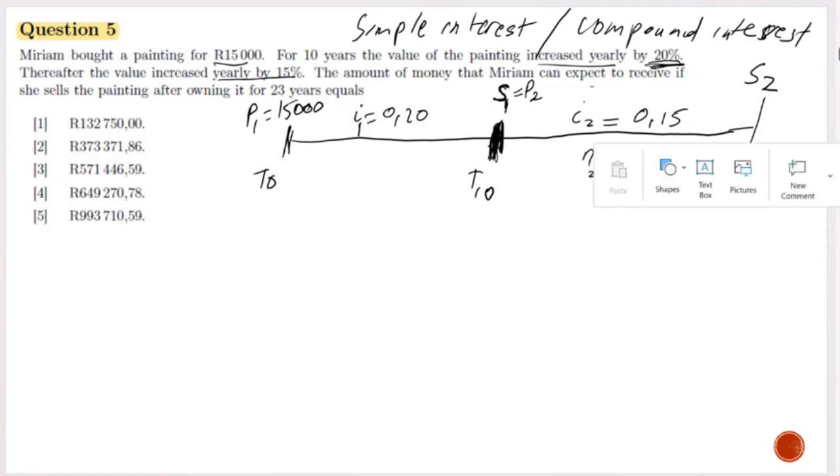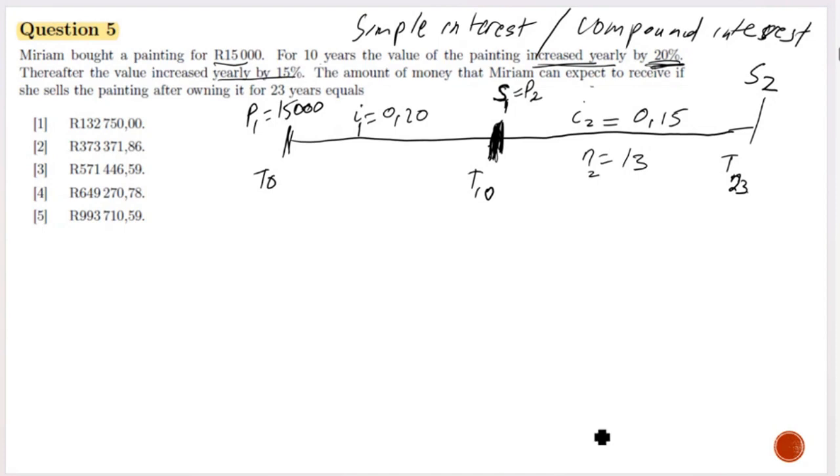Look at this question. It's not specifying whether it's simple or compound interest. But by the way it's looking, this thing is increasing yearly. So every year during the 10 years, it is increasing. That is suggesting that it's compounding every year, by 20% every year. So therefore, this is a compound interest formula.